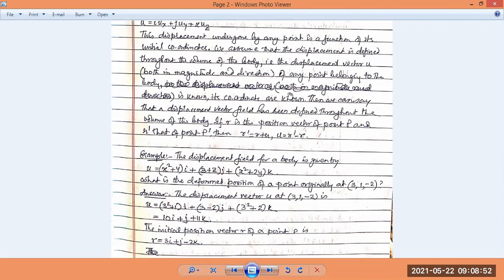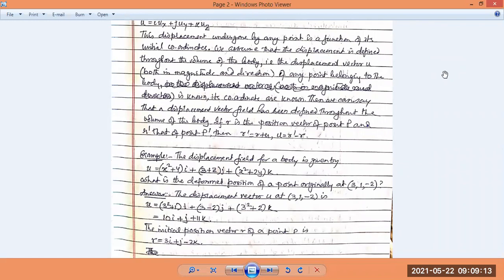So what is this? Any point can be deformed. Due to the deformation of the whole body, any point on it is displaced and takes a new position, and any point belonging to this particular body is known by its displacement vector.